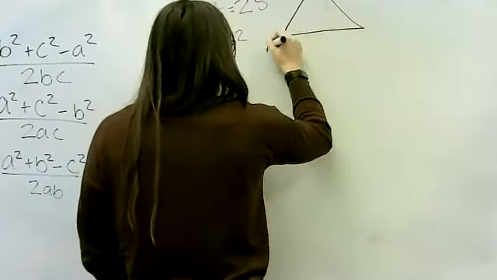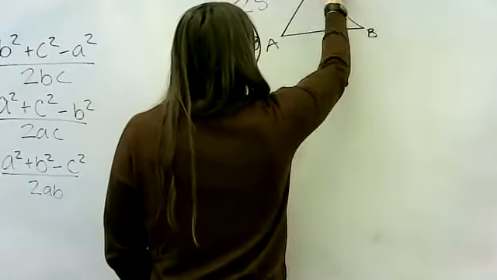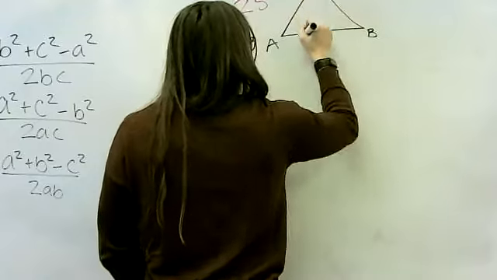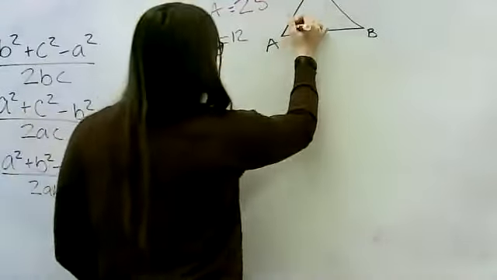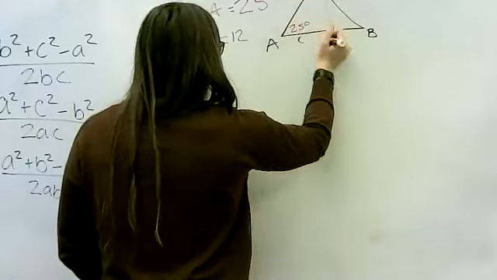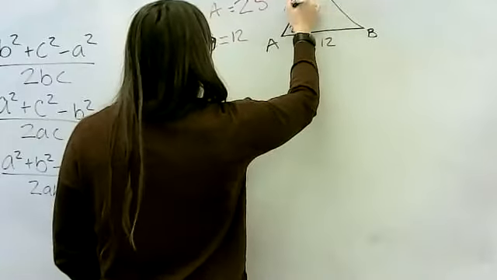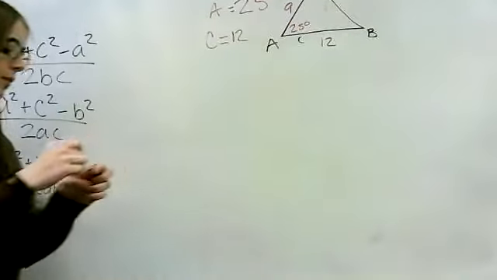That was probably bad, but that's okay. Again, totally not accurate. So what I have is my angle measure A, which is 25. I have C, which is 12, and B, which is 9.